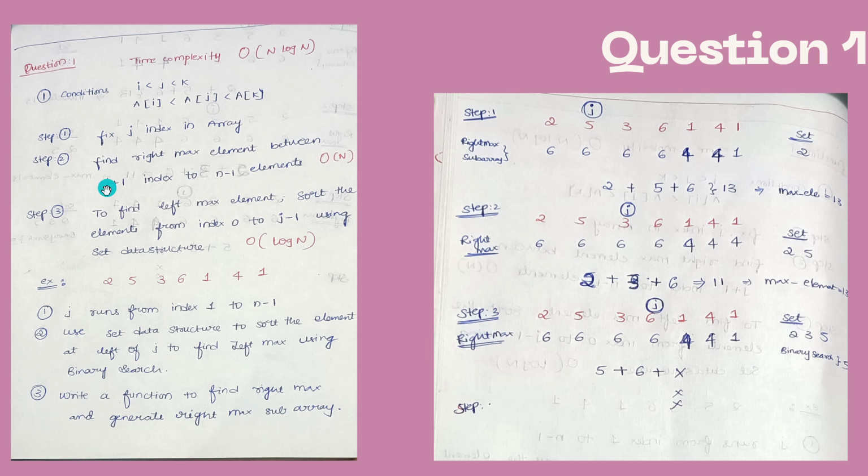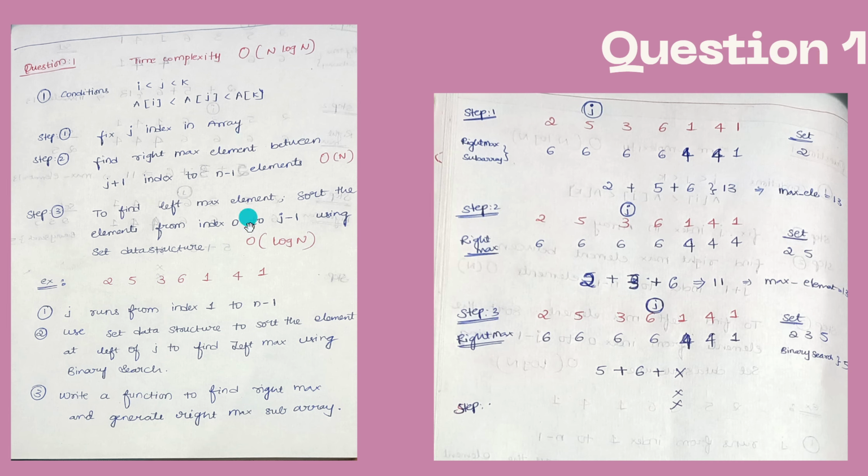To find the right max element, your time complexity will be order of n. Now to find the left max element, sort the elements from index 0 to j minus 1 using the set data structure, and this time complexity is order of log n.